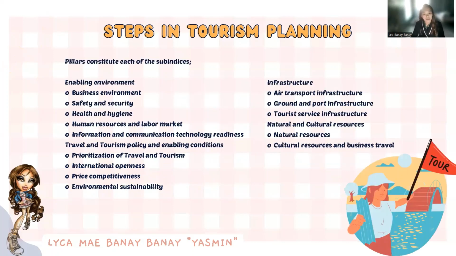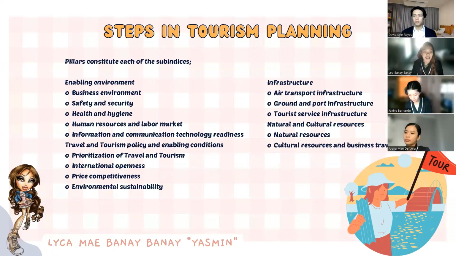Next are the pillars that constitute each of the sub-indices. We have the enabling environment, and the bullets there: travel and tourism policy and enabling conditions, infrastructure, and natural and cultural resources.